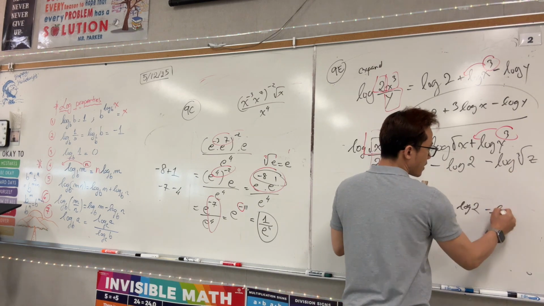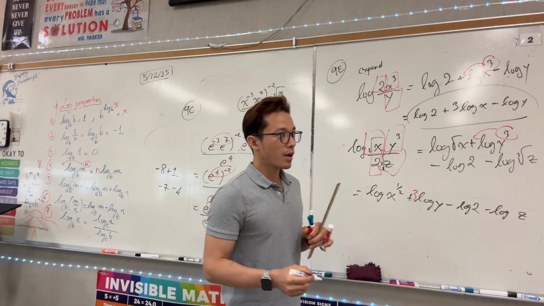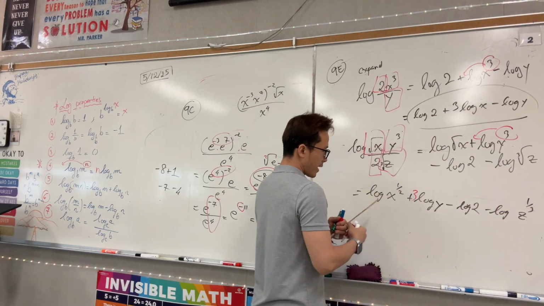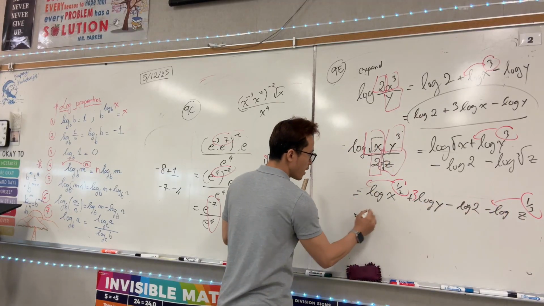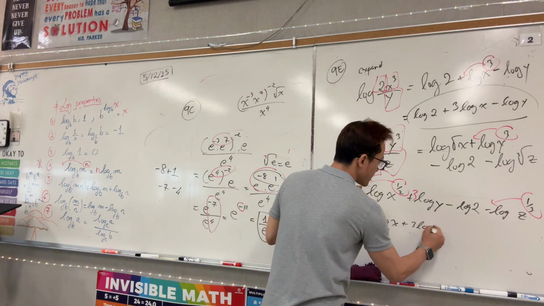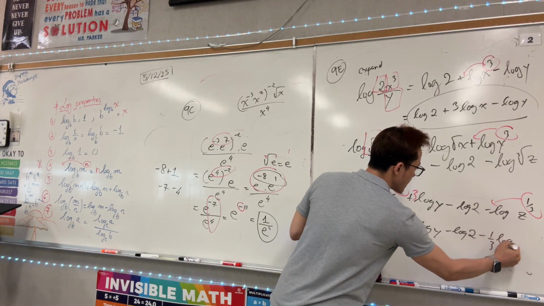How about this? Log z to the power 1/3. And then the last step is to bring it to the front, and you're done. So 1/2 log x plus 3 log y minus log 2 minus 1/3 log z.